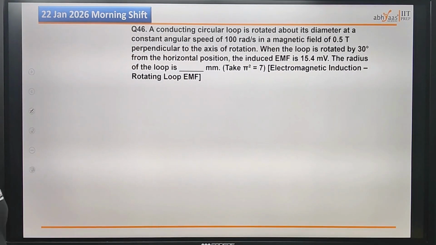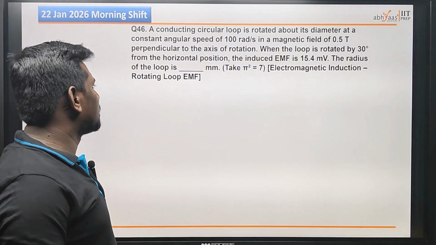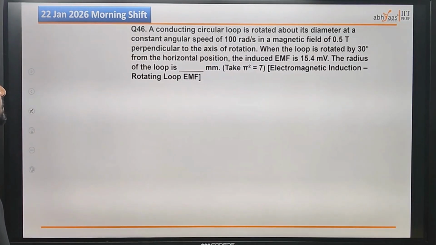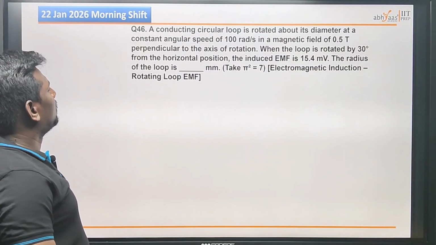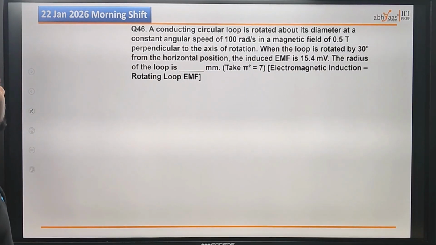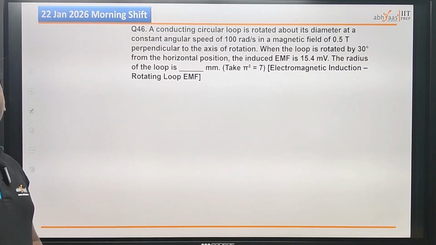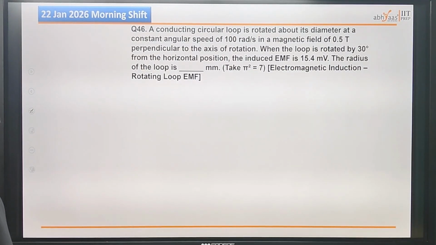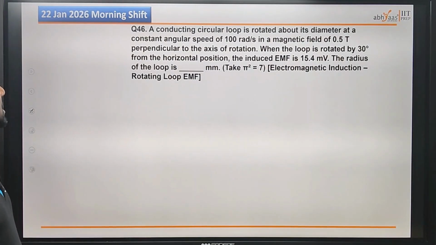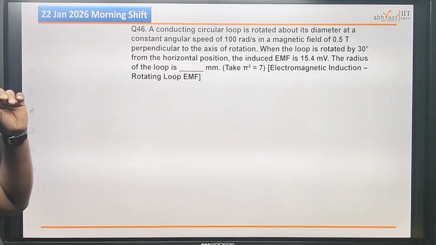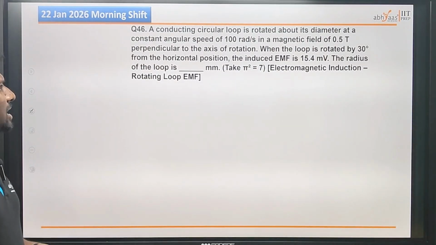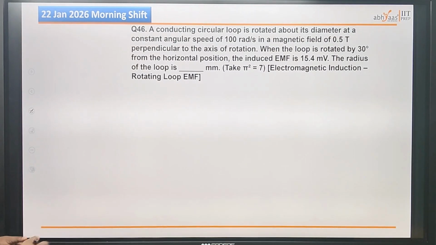Next question, that is from part 2, numerical questions. So see here, what is question number 46? A conducting circular loop is rotating about its diameter at a constant angular speed of 100 radian per second in a magnetic field of 0.5 Tesla perpendicular to the axis of rotation.